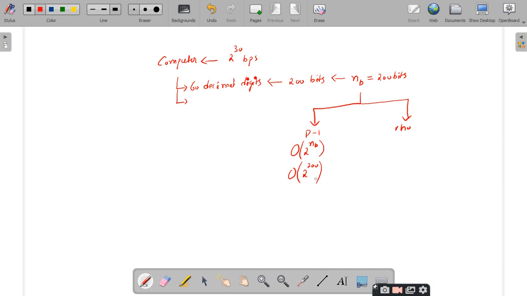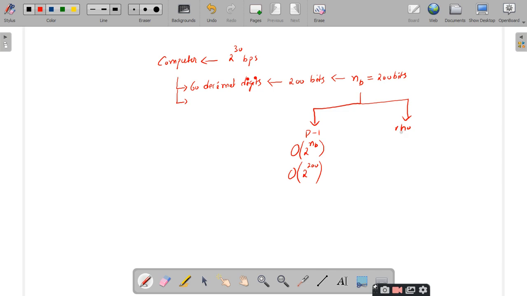What is 2 power 200? It is a very large number, right? It is not even days, it will take some years together.